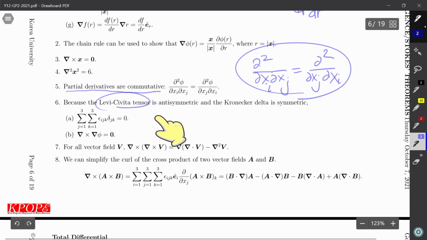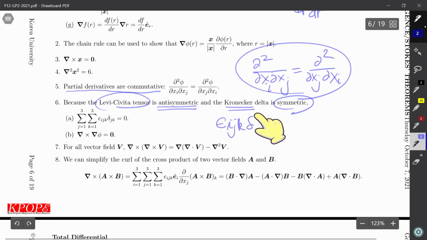Levi-Civita tensor is anti-symmetric, and Kronecker delta is symmetric. So epsilon ijk, delta jk: this is anti-symmetric, and this is symmetric.